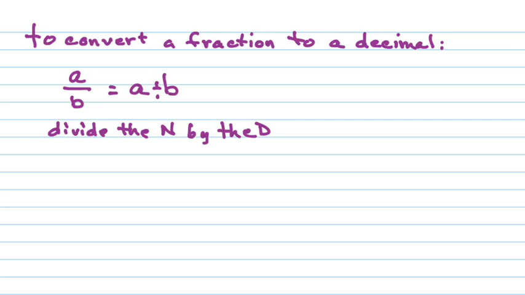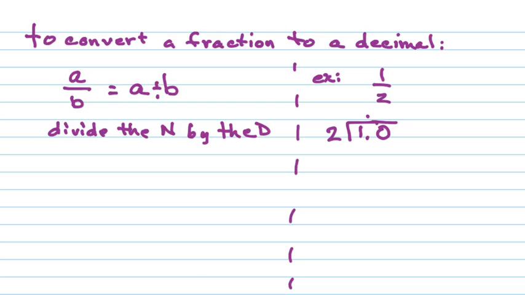All right. So, for example, 1/2 literally means 1 divided by 2. Using long division, does 2 go into 1? No. So remember, if you have a number where it won't divide evenly, and you don't have any more numbers, we put in a decimal point and a 0.